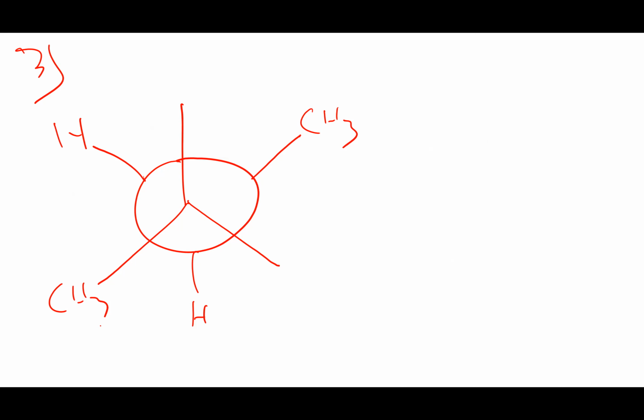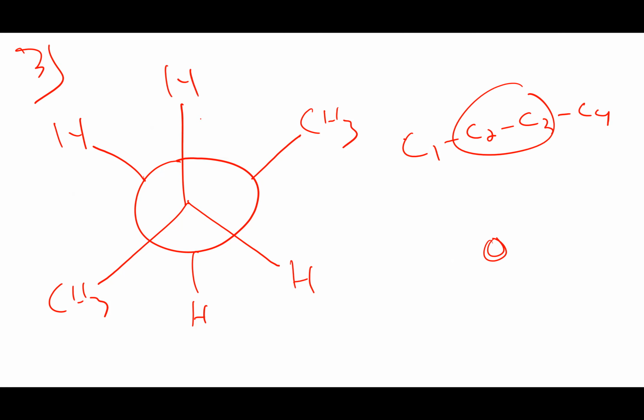So for that first structure on the left-hand side, if you have C1, C2, C3, and C4, I'm just labeling the carbons. Have it so that C2 and C3 overlap. So you want C2 and C3 to be on top of each other. You want them eclipsed. And then if you do that, you're going to find that that CH3 group is going to be on the left-hand side. And a hydrogen right here, a hydrogen right here.